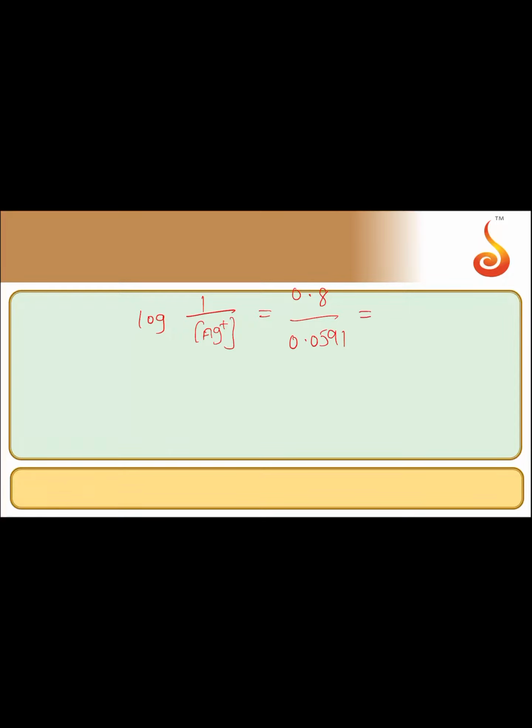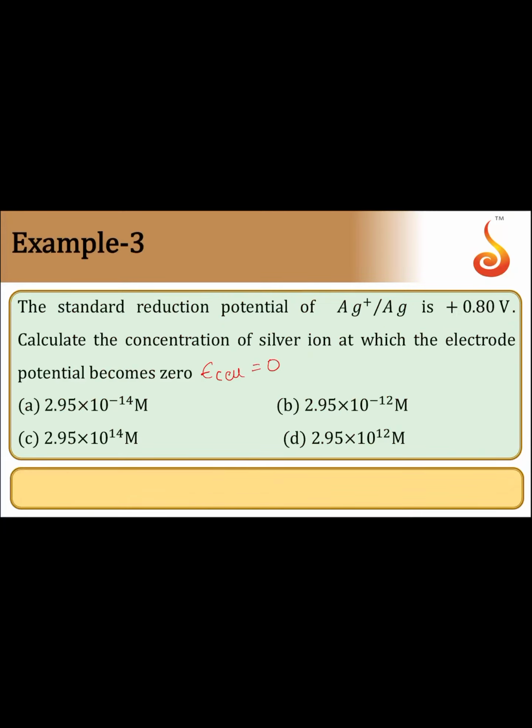If you divide 0.8 with 0.0591, we will get 13.53. 1 by Ag+ is equal to antilog 13.53. If you calculate the Ag+ concentration, we will get 2.95 into 10 power minus 14 molar. So the answer is option A.